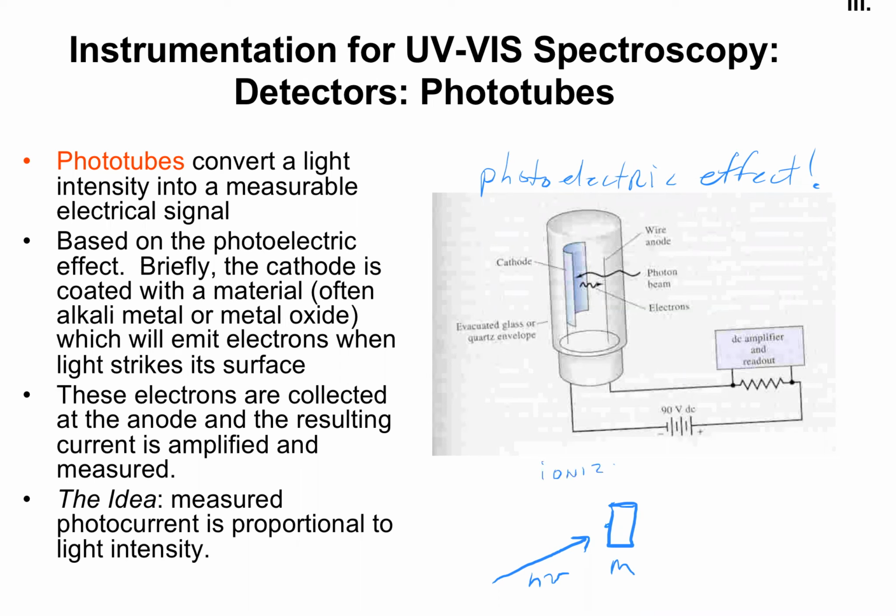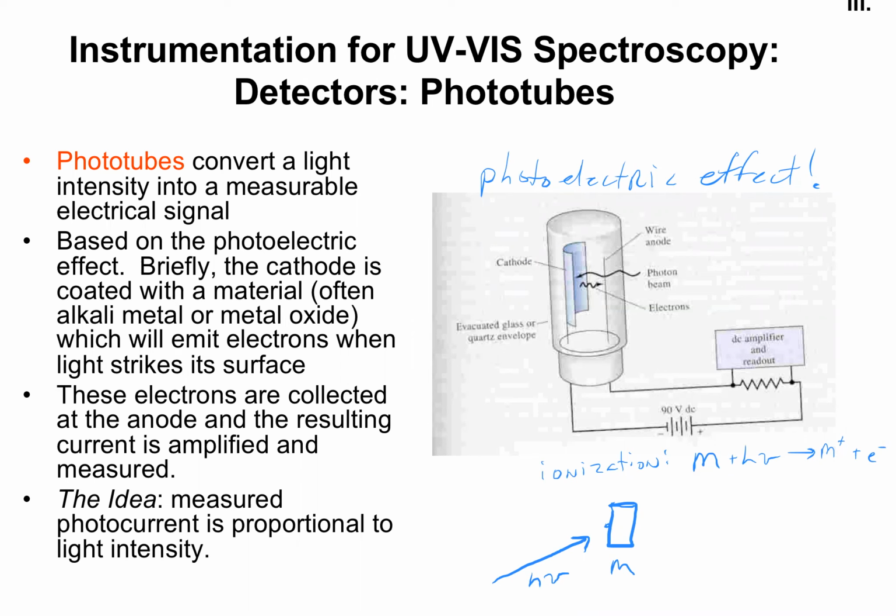We can drive a photoionization event. In other words, a metal atom on that surface may absorb the light energy, producing an M+ ion and an electron.